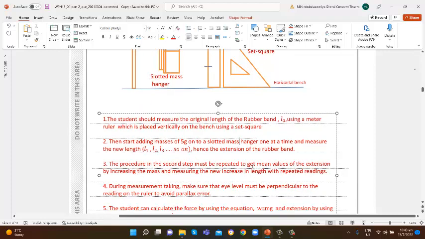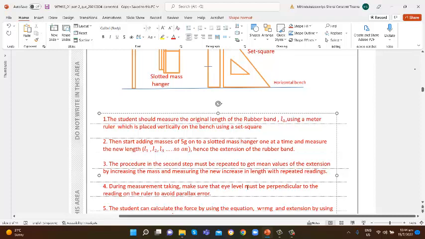Now the next point is, during measurement you have to make sure that your eye level is perpendicular to the reading on the ruler. Why? To avoid parallax error. You all know that if you keep your eye at an angle, you will get wrong measurements.